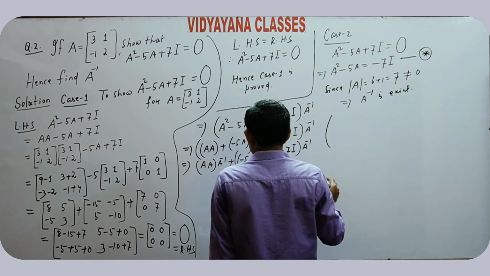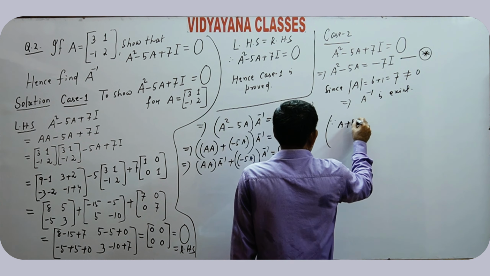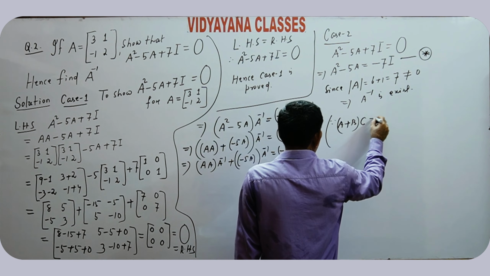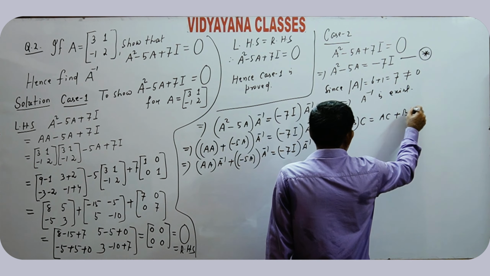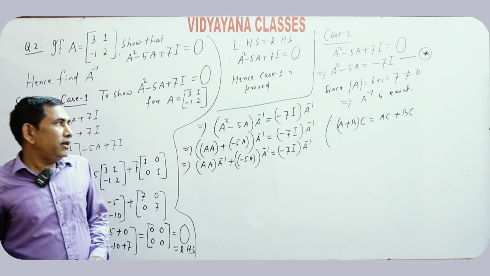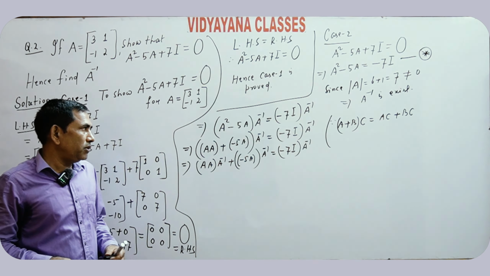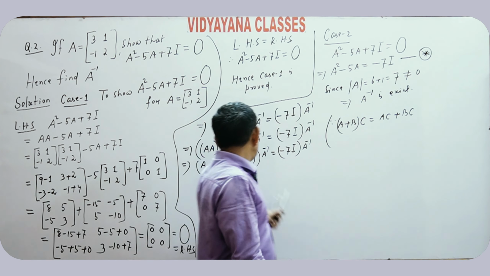Since A plus B into C is equal to AC plus BC, matrix multiplication is distributive. It is the right distributive law.